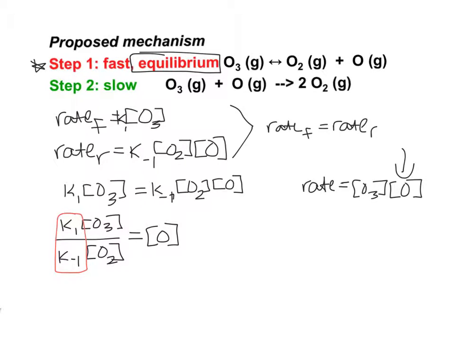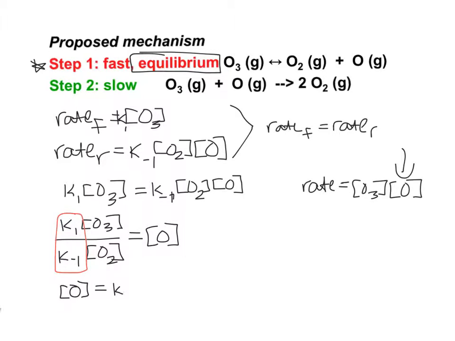Now, it doesn't really matter what's going on right here. These are going to get really confusing. They just essentially make a new K. K1, whatever it is, over K negative 1 gives you a new K. So I can collapse those down into, let's call that one K prime. And I'm just going to flip it just for the sake of math so that I have an X equals, you know what I mean?